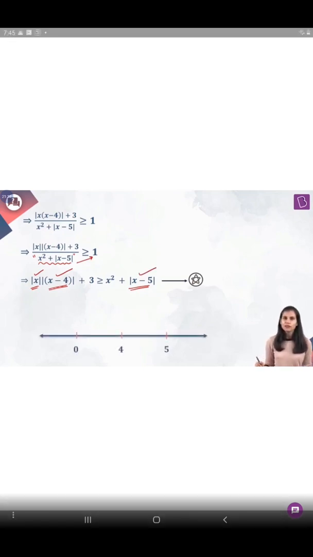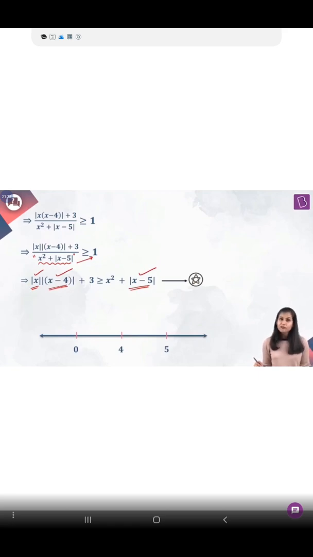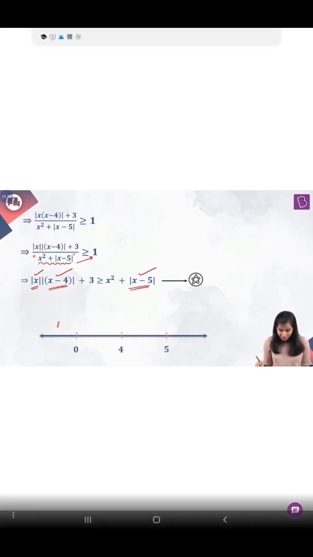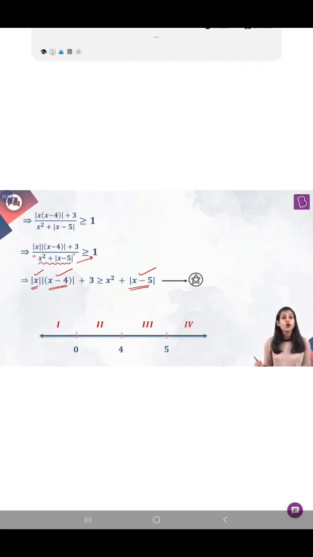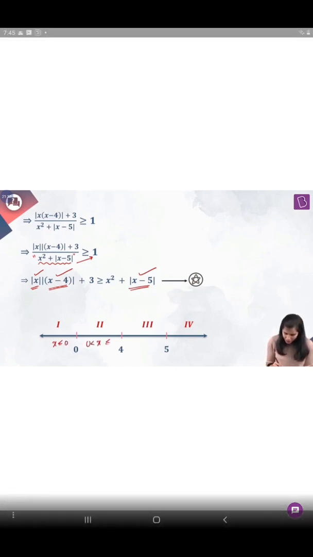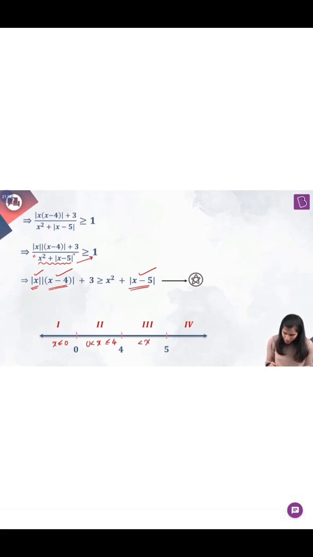So I'll plot 0, 4 and 5. The moment I've plotted the critical points, these 3 points have divided my entire real line into 4 disjoint regions. First is all real numbers less than or equal to 0. Second is all real numbers greater than 0 less than or equal to 4. Third is all real numbers greater than 4 less than or equal to 5. And fourth is all real numbers greater than 5.